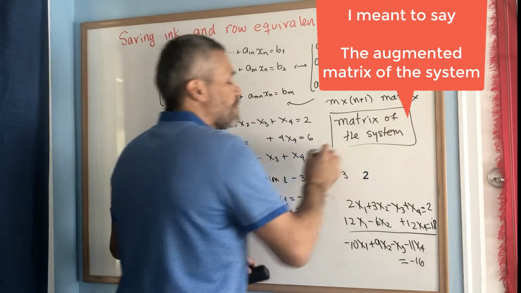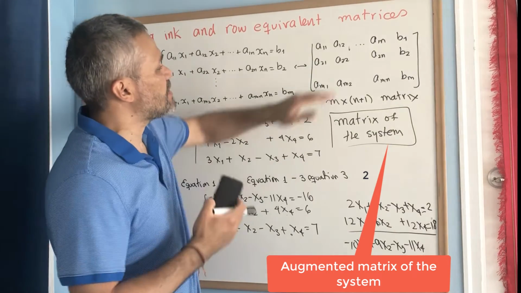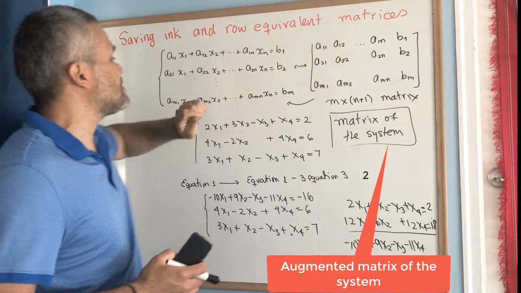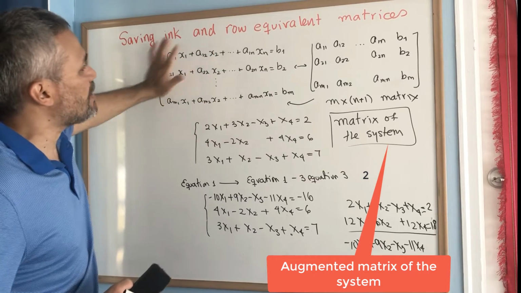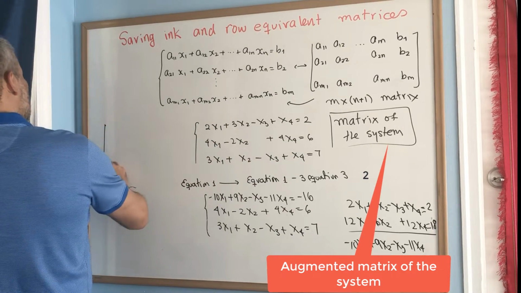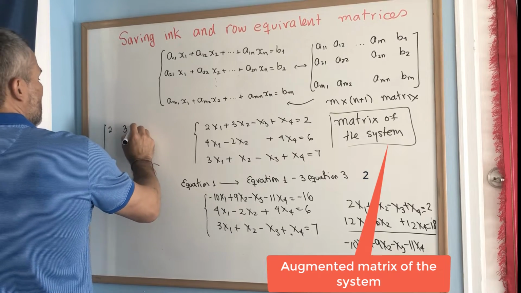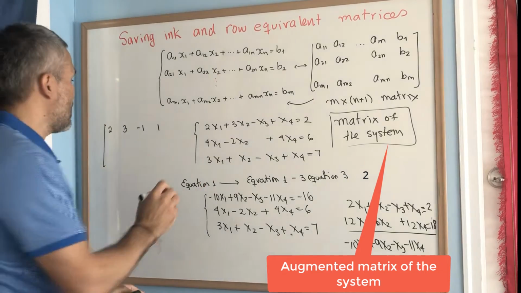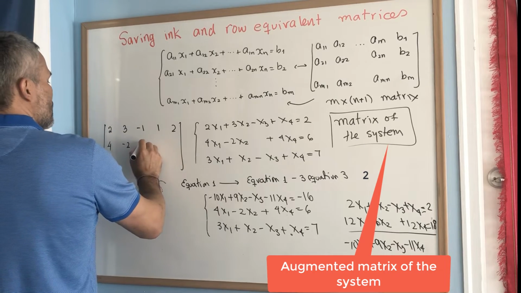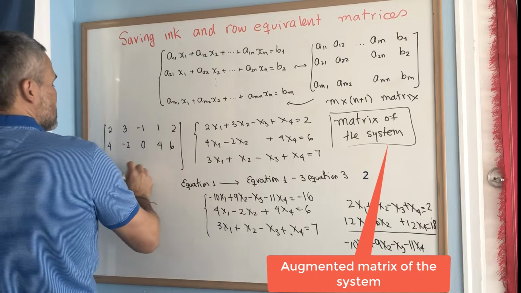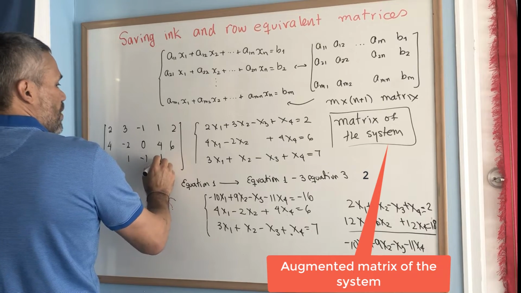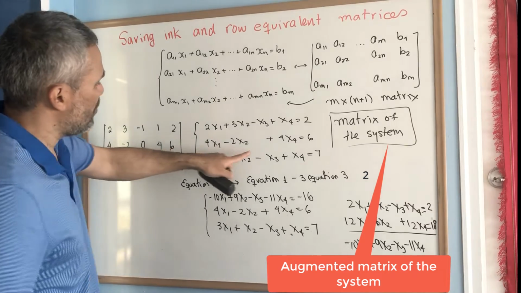And the important observation is that if we know the matrix of the system, we can write the system. And if we have the system, then we can write the matrix of the system. Then all the information of this system is here. As an example, for this system we have this matrix: 2, 3, -1, 1, 2; 4, -2, 0, 4, 6; 3, 1, -1, 1, 7.